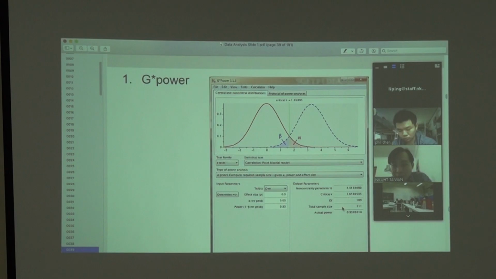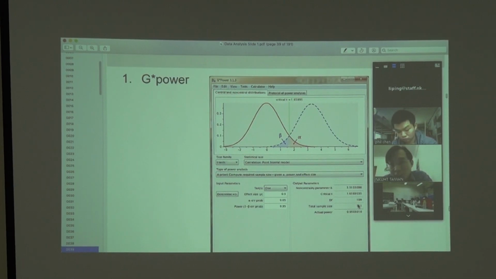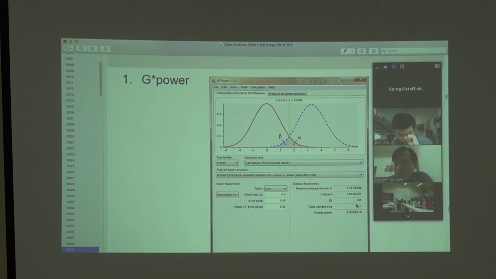Based on my impression, I will get a total minimum sample size of 70 to 80. Okay, 70 to 80. Not 300, 400. That's why this afternoon you will see why big sample size can also be a problem. Okay? So, about 70 to 80.